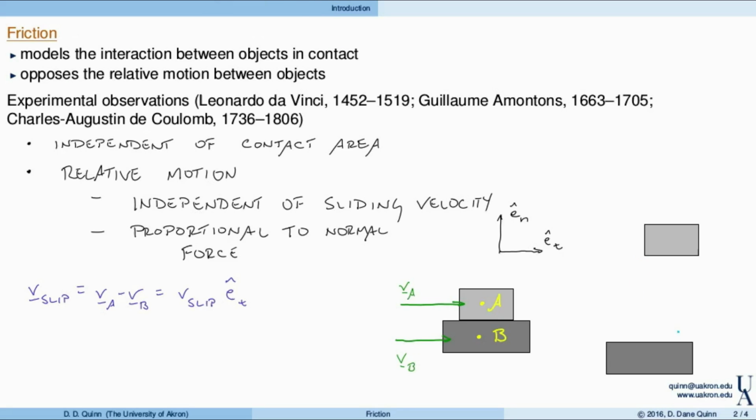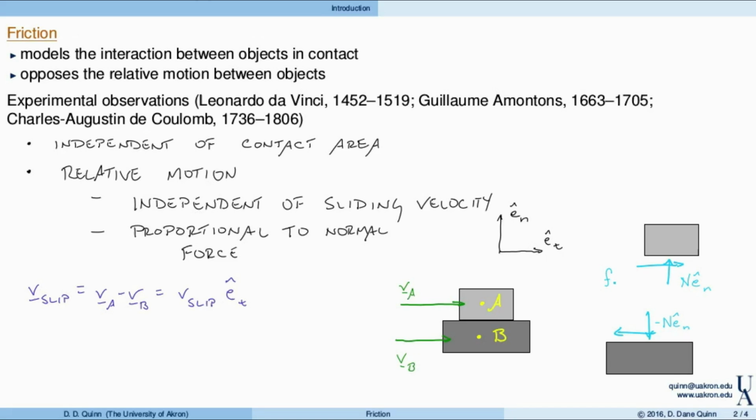Then, turning to free body diagrams for these blocks, we can identify a couple of forces. The normal force is the component of the contact force that resists penetration. So this will be N in the normal direction, and this, of course, is minus N in the normal direction. Followed by the friction force, which represents the tangential component of that force.